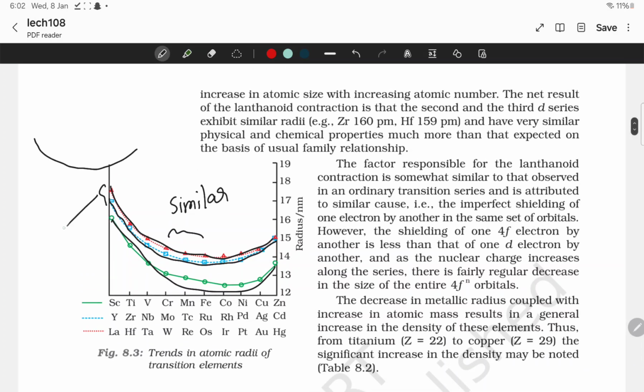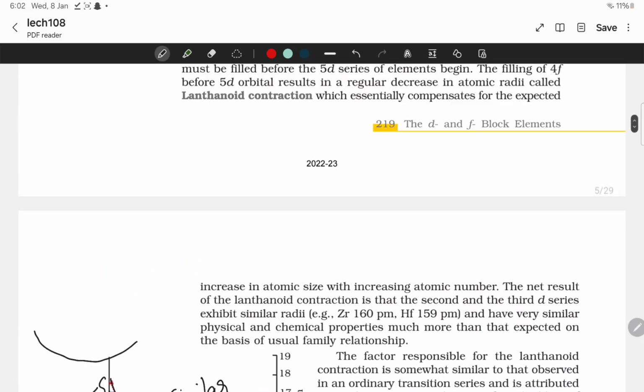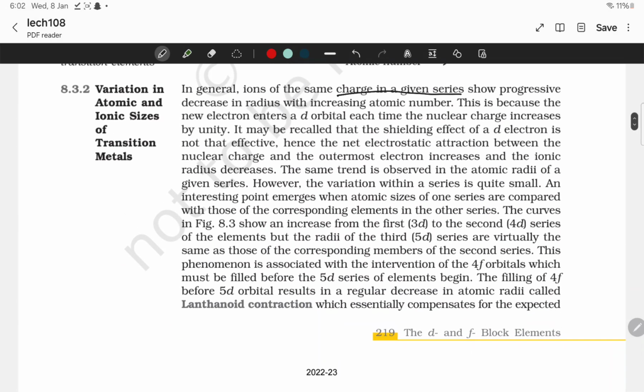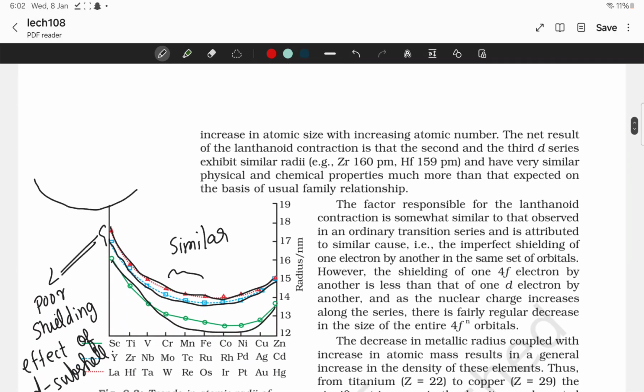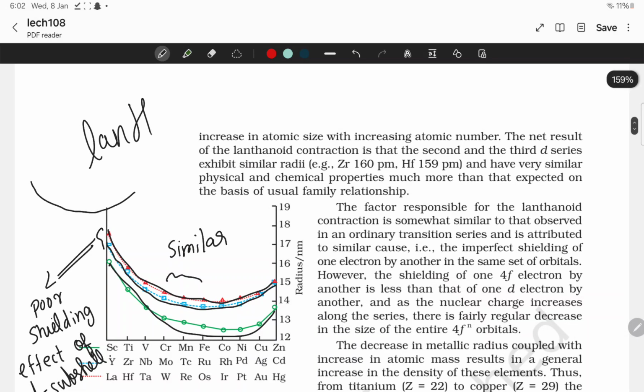The similar size is due to the poor shielding effect of the d subshell, the poor shielding effect of d electrons, and this leads to lanthanoid contraction, which gives similar size to the second and third transition series.